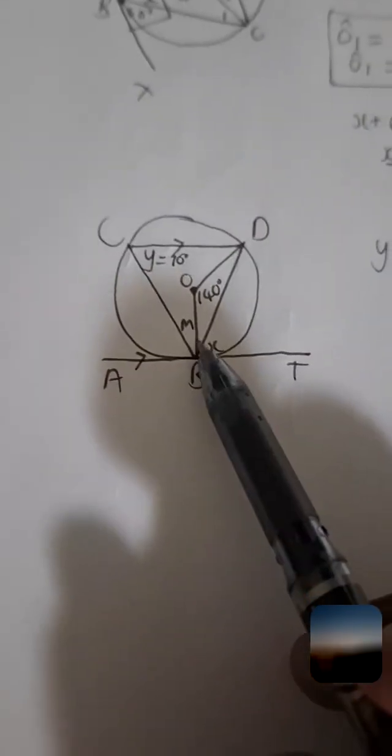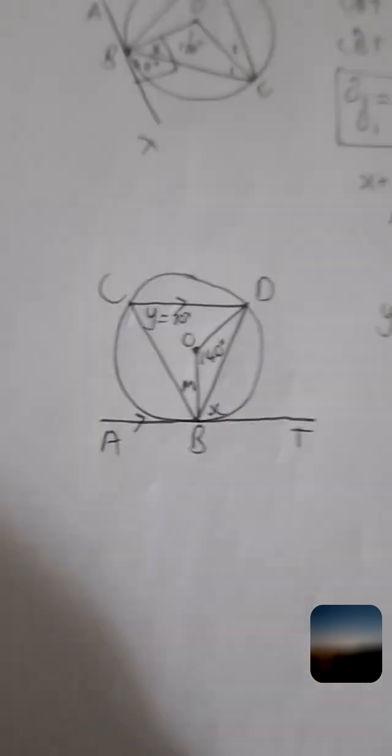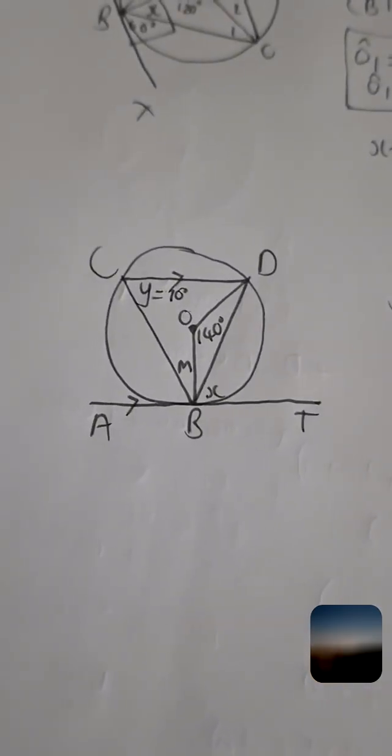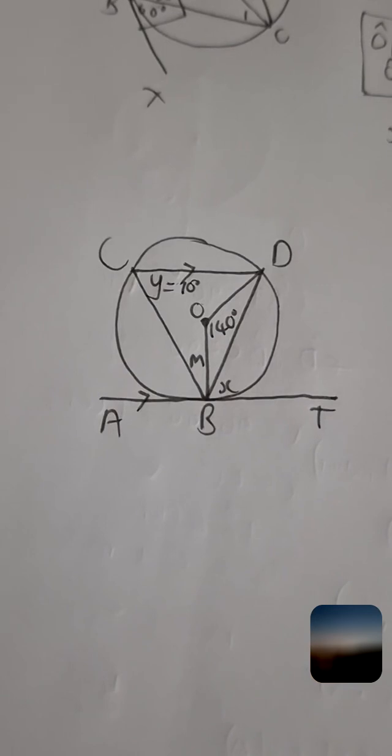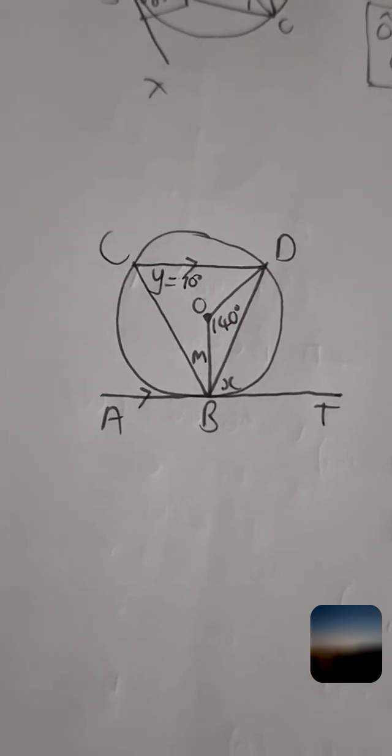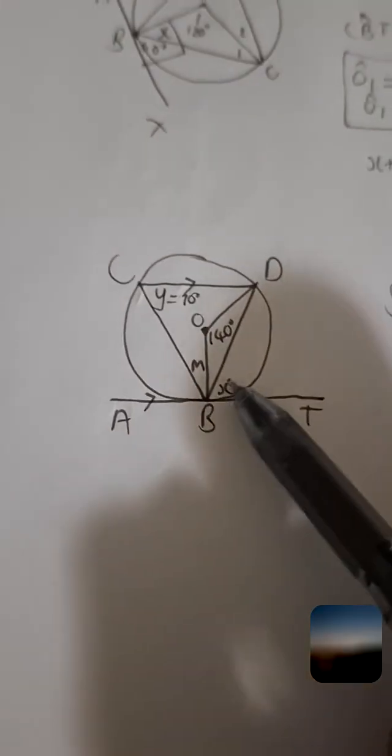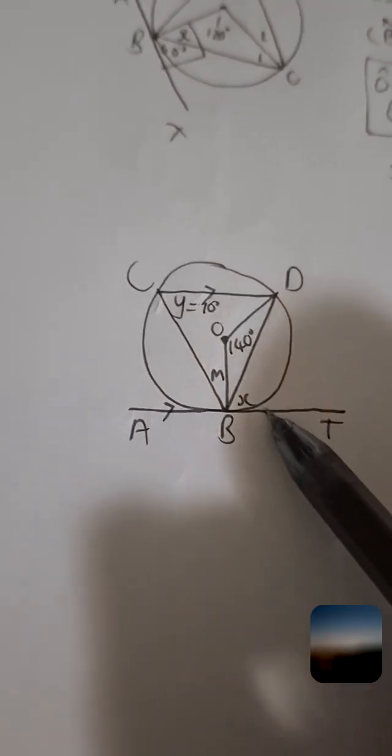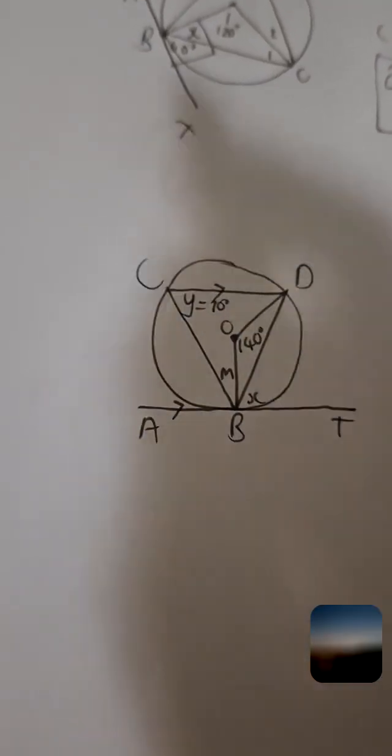So we're looking for Y, M, and X, right? Yes. Then angle X is equal to angle C. What's the reason? Tan chord, sir. Okay. So X is equal to 70 degrees. Tan chord theorem.